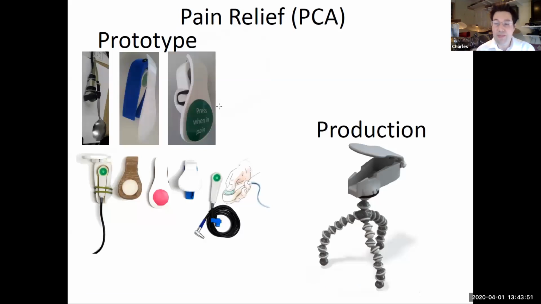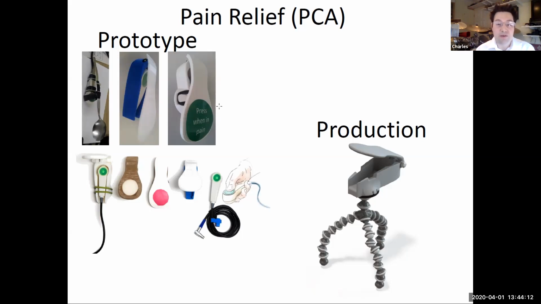Pain relief. Mairead said it was an insulin pump, but it's actually for pain relief. The original prototypes were made because people's hands literally could not press the buttons. When you're in hospital and in pain, you might have injured your hands as well.